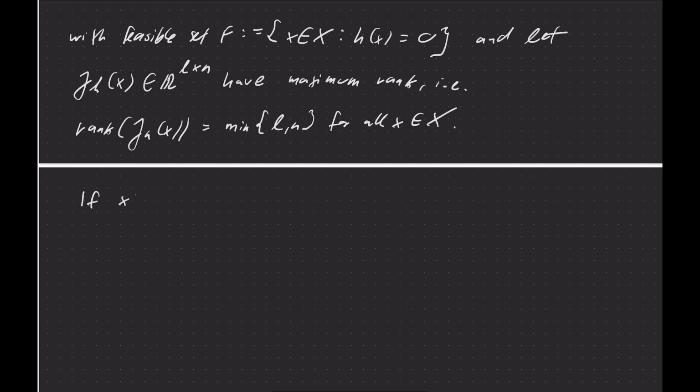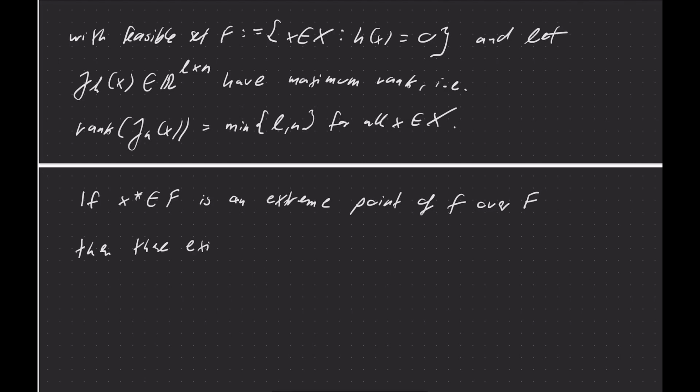So if x star is in F and an extreme point of F over the feasible set capital F, then there exist Lagrange multipliers Z star corresponding to that X star.